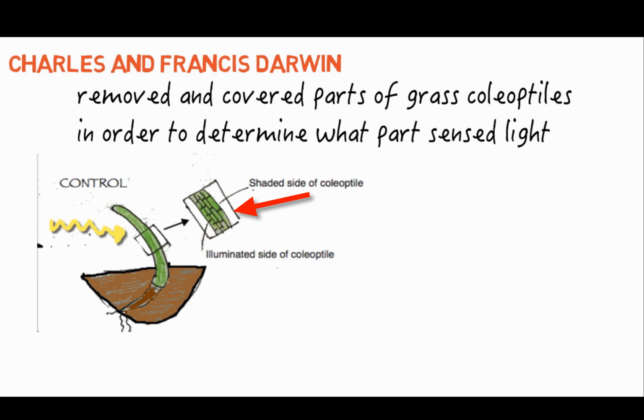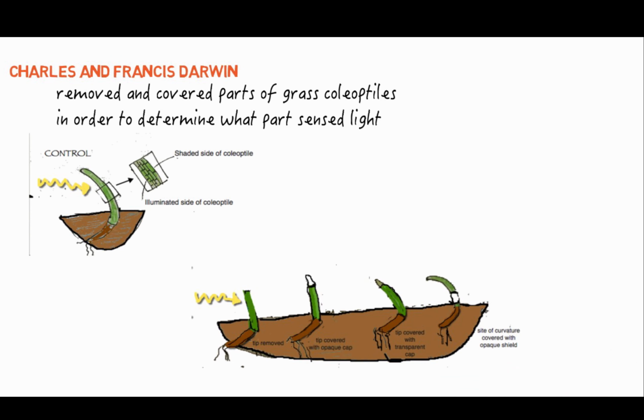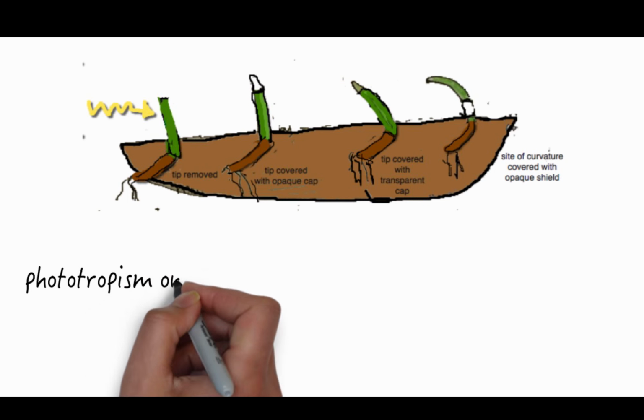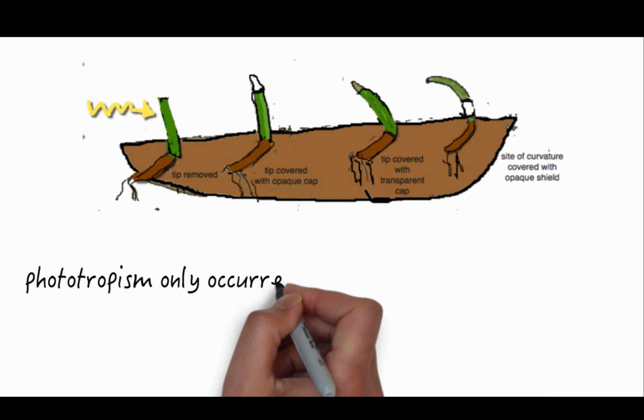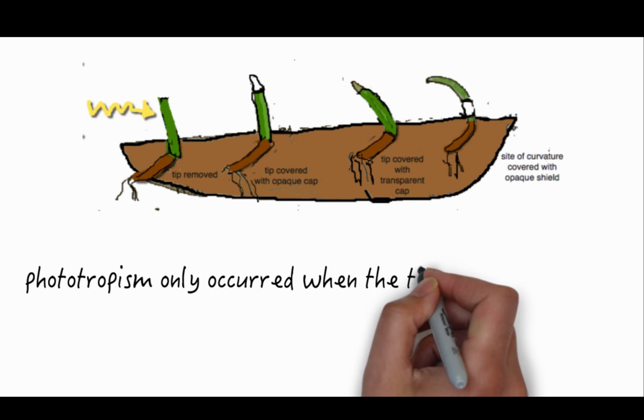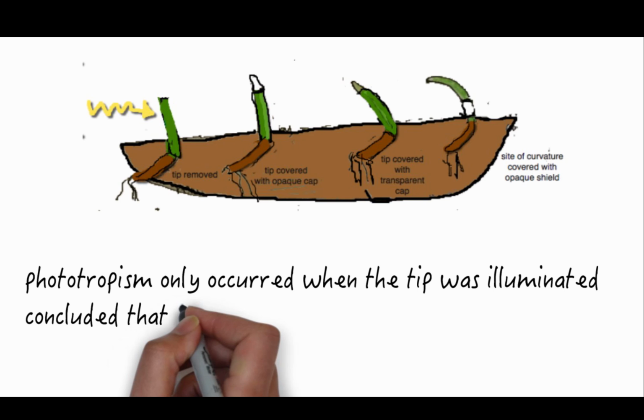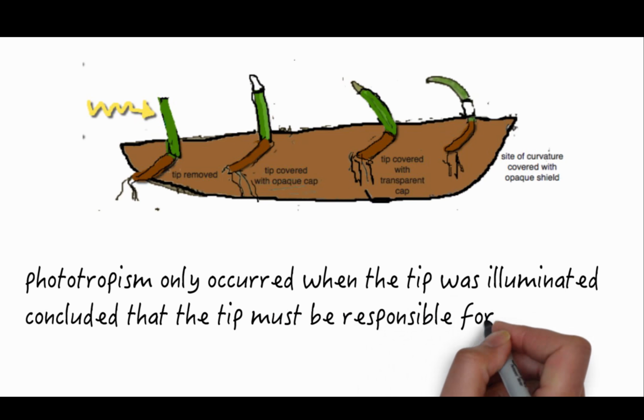Notice that in the control, the shaded side of the stem had cells that grew longer, causing the curvature. Here's an illustration of some of Darwin's experimental findings. They noted that phototropism only occurred when the tip was illuminated, so they concluded that the tip must be responsible for sensing light.